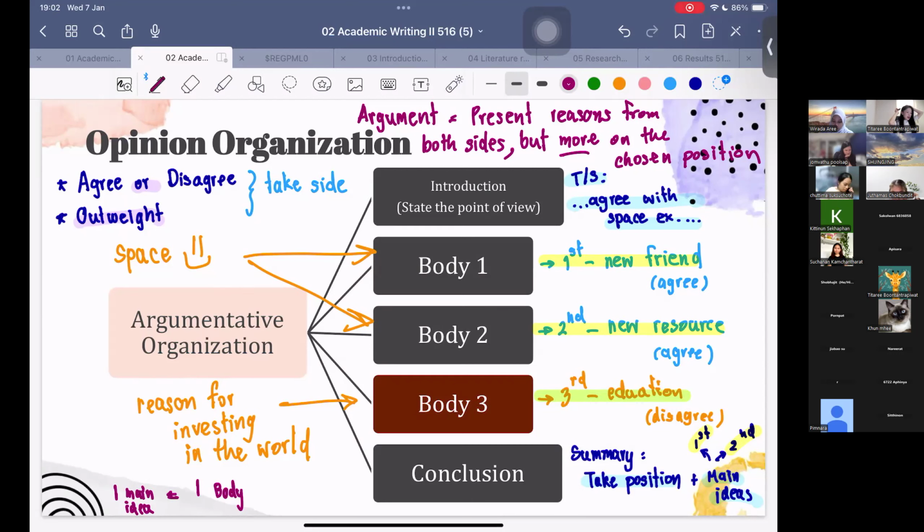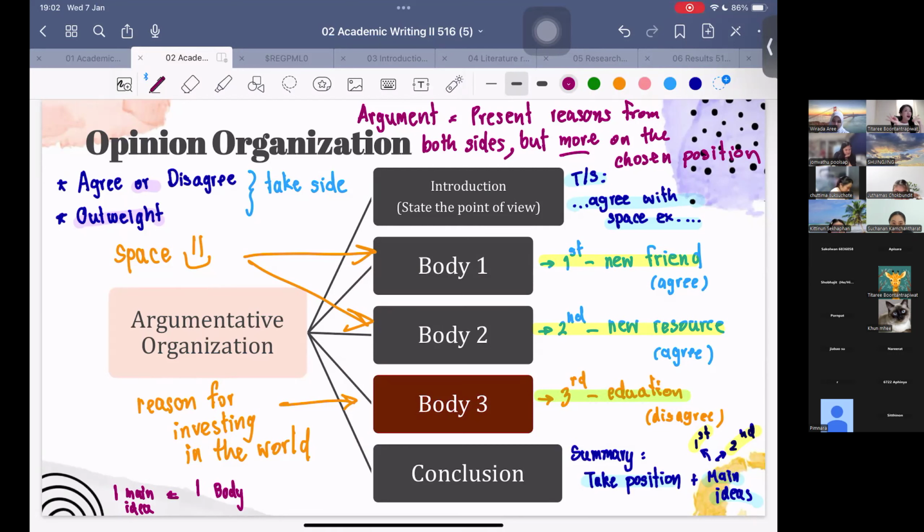Since, as you see at the top, for argumentative you need to present reasons from both sides, however, more reasons from the chosen side. So let's say I'm going to do 3 reasons, it means I should write more reasons for going to space than the opposite side.